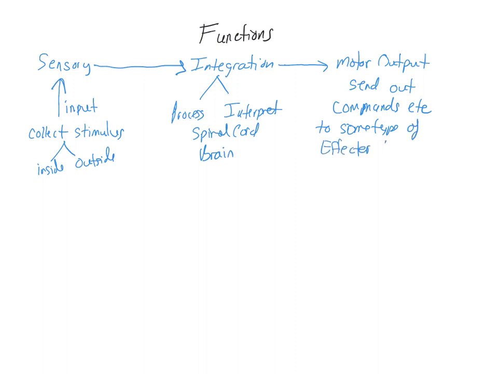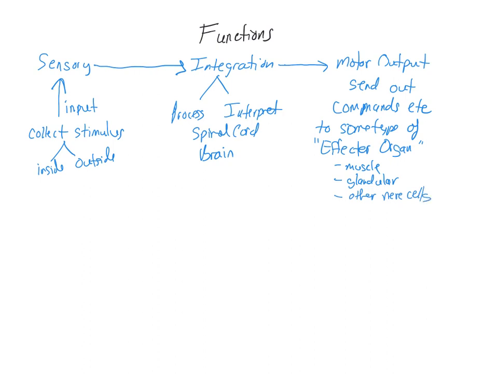Okay. Examples of effector organs would be muscle cells. Okay. It could be glandular epithelial cells. Okay. It could be other nerve cells. Okay. It can be a lot of different things.